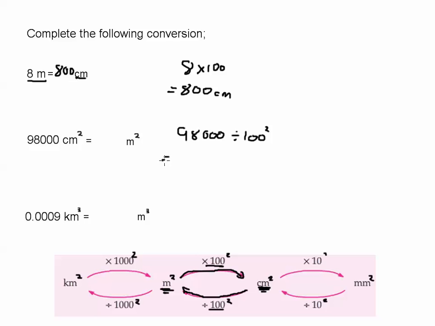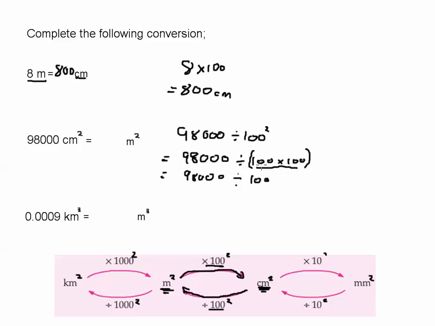So next step is, remember when you're dividing by 100 squared, that basically means 100 times 100, and exponents come first. So that basically just means that it's 98,000, put the brackets around there to make sure that happens first, divided by 100 times 100, where you just add up all the zeros together.